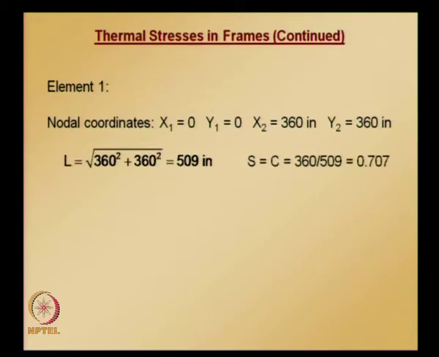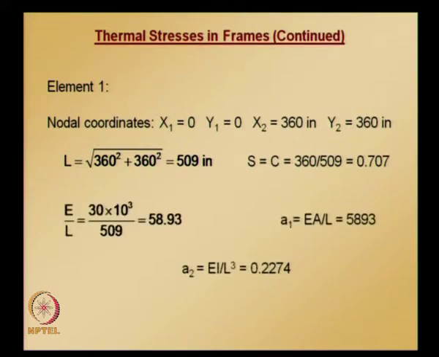Once we have these we can calculate the transformation matrix, and also we require some coefficients for stiffness matrix calculation, and please note that there is no distributed load, that is uniformly distributed load, applied on this member, unlike in the previous example. Only thing is now it is subject to temperature change.